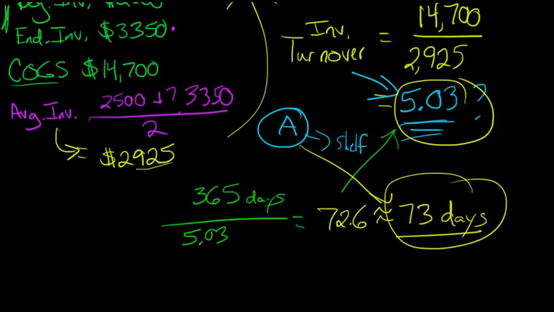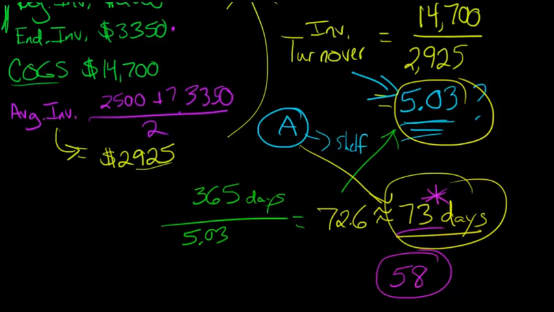Now we can compare that to our competitors. Let's say you're an investor and you see that one firm is 73 days and another firm is 58. Well, what does that tell you? Does that necessarily mean that the 58 one is a much better firm? Not necessarily. It might be that the firm with 73 days has a lot higher profit margins, or maybe they're selling some kind of big ticket item.